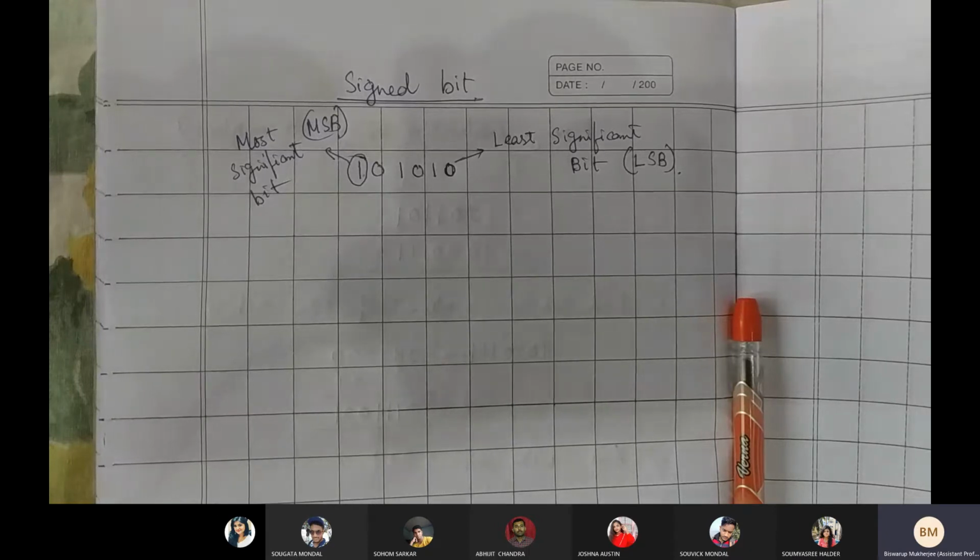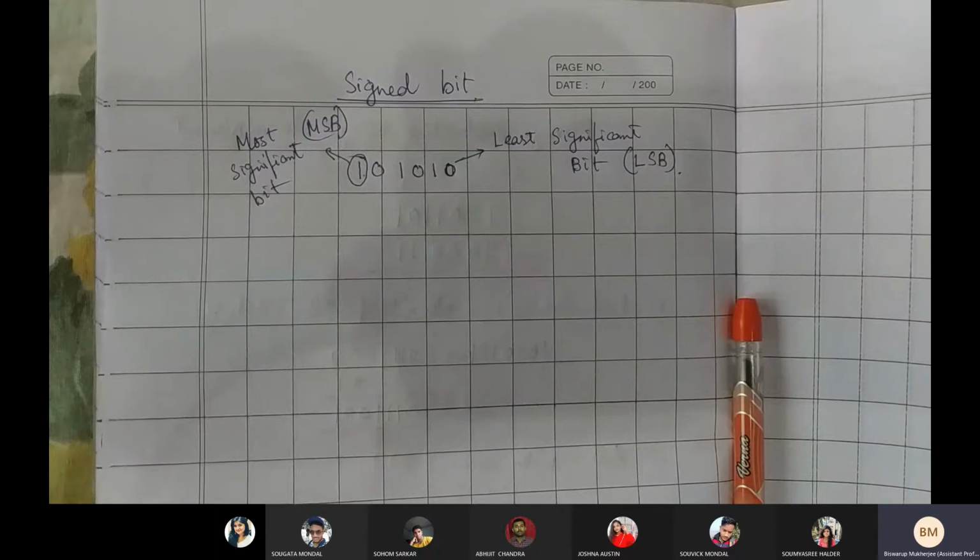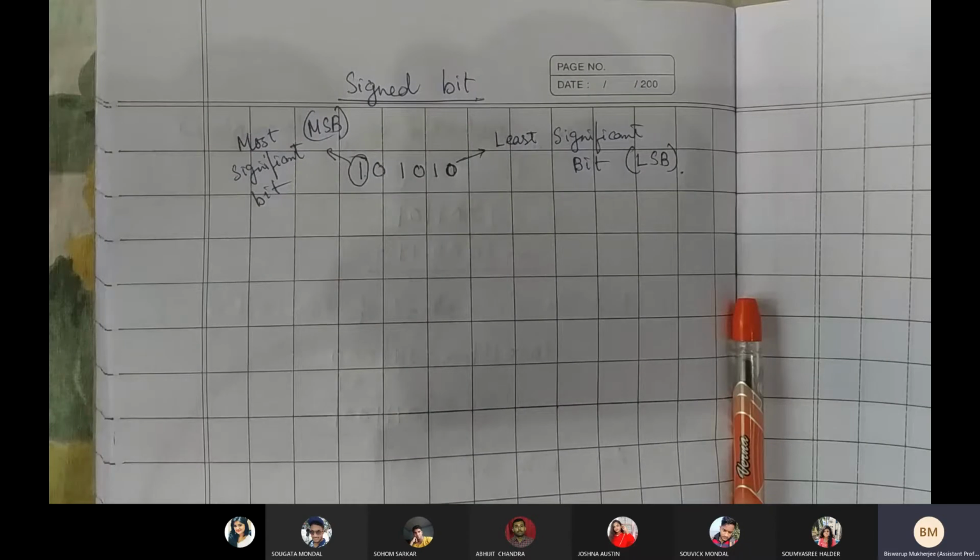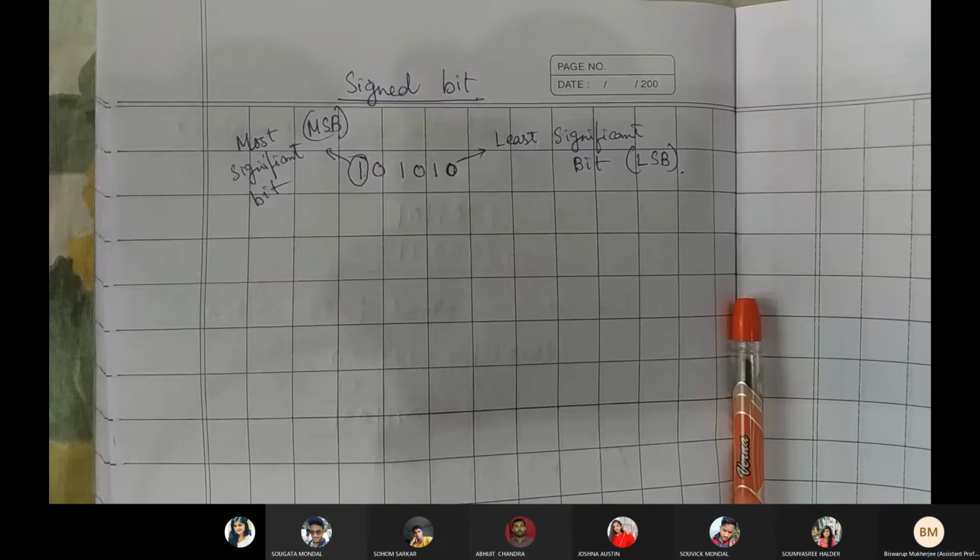Maybe 100 rupees, or maybe 1000 rupees agreed.